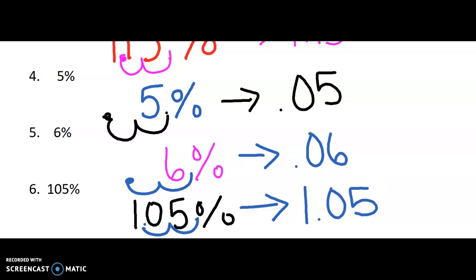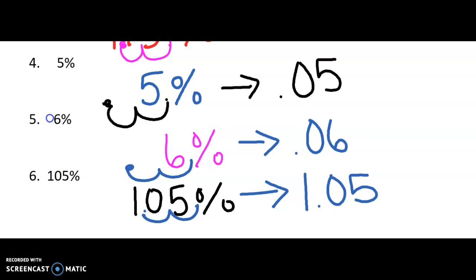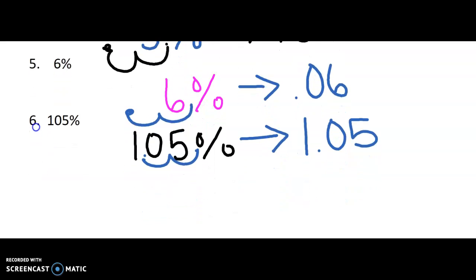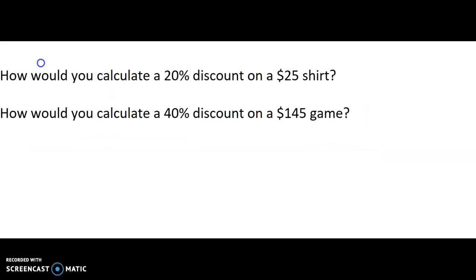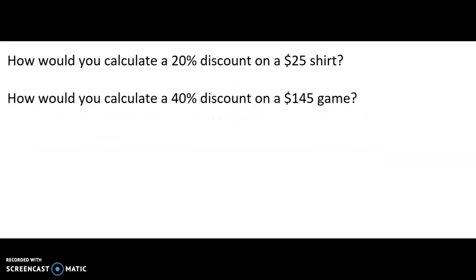And trust me, that decimal is going to make a huge difference in the future when we work with exponential problems. And then one last thing I wanted to do. We wanted to also practice how you would calculate discounts. I think this is a life skill that you should know by now, but if you don't, that's fine. That's why we're reviewing.